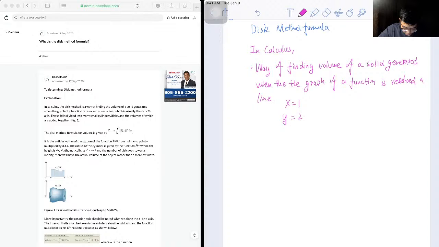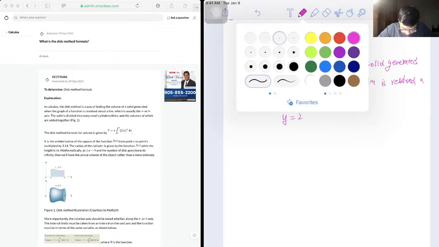So I'll just draw a diagram for better understanding.